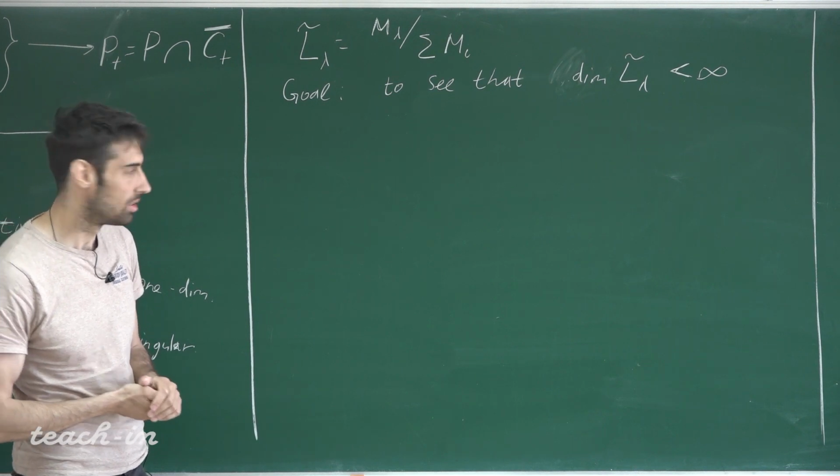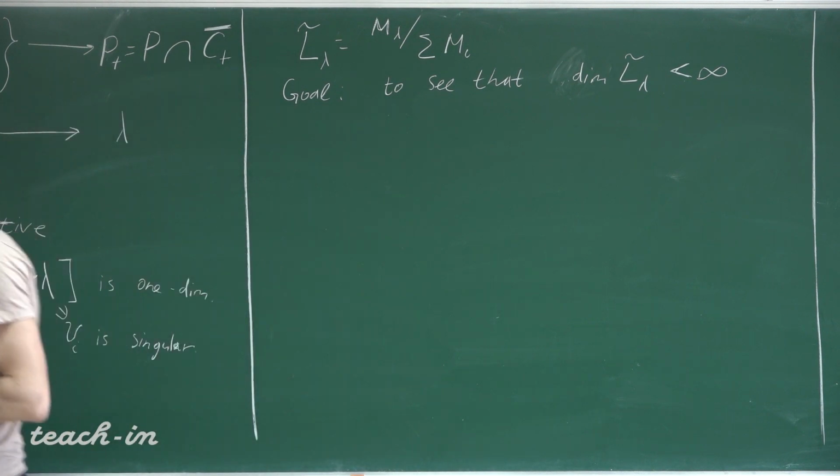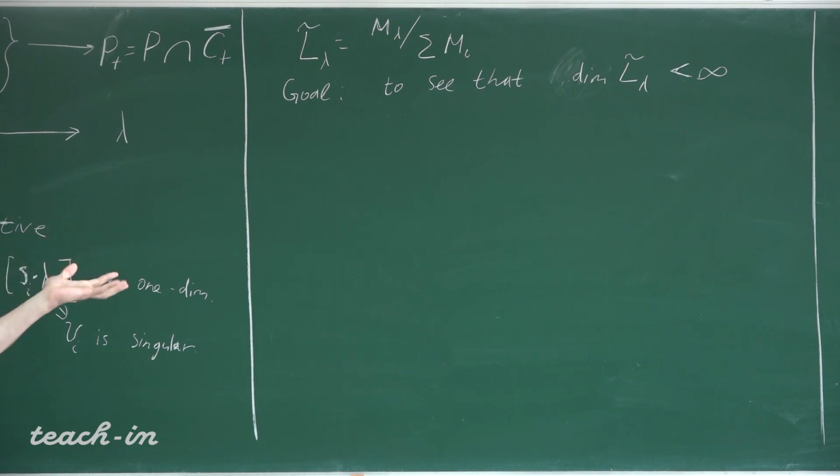Okay, so the main point is to see that this is finite dimensional, and this is something new compared to SL_n. In SL_n, you just could construct this representation L lambda explicitly. Here we just have to use Verma modules somehow. Okay, so let's try to prove that.